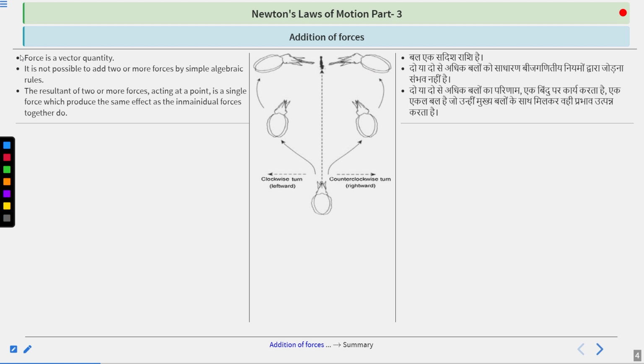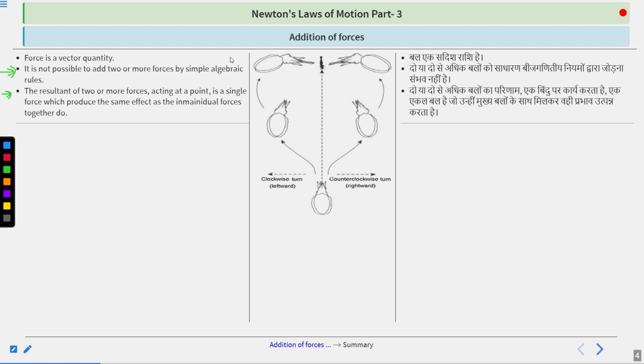How is it possible? Because this line says it is not possible to add two or more forces by simple algebraic rules, and this sentence says the resultant of two or more forces acting at a point is a single force.